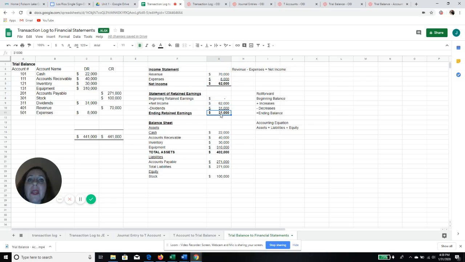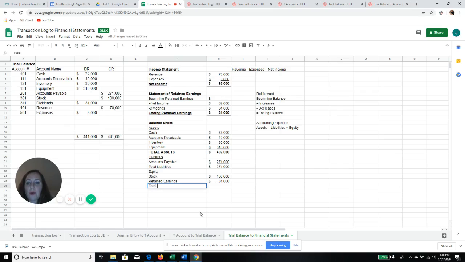So basically, we have already calculated revenue, expenses, and dividends, or when we think about how they impact equity, plus revenue, minus expenses, minus dividends. And we call that retained earnings. So we're just going to enter retained earnings down here of $31,000. We don't have to list our revenue, expenses, and dividends because we've already accounted for them.